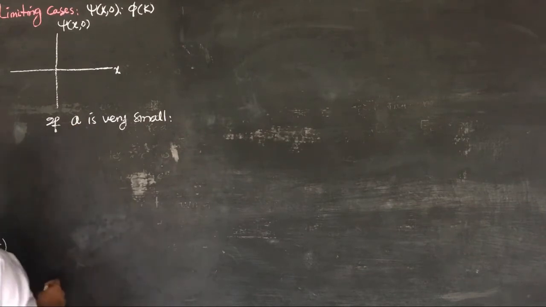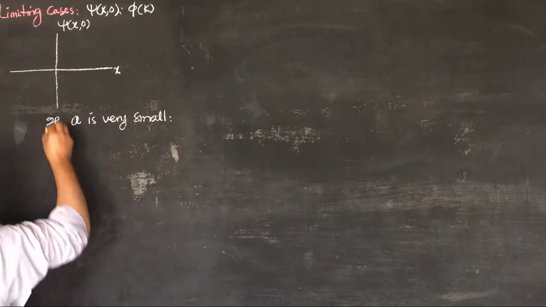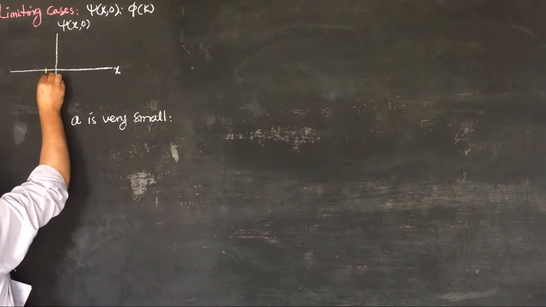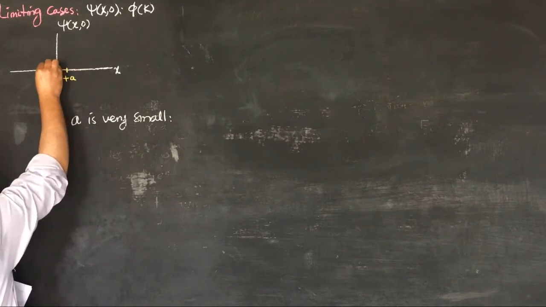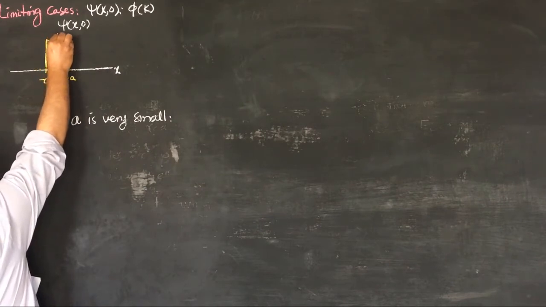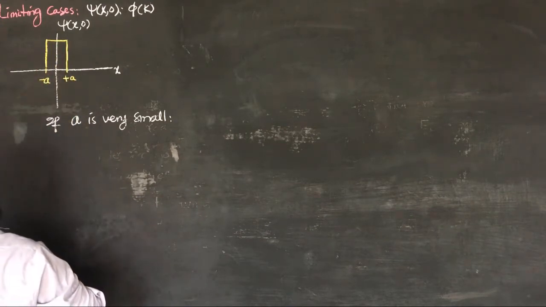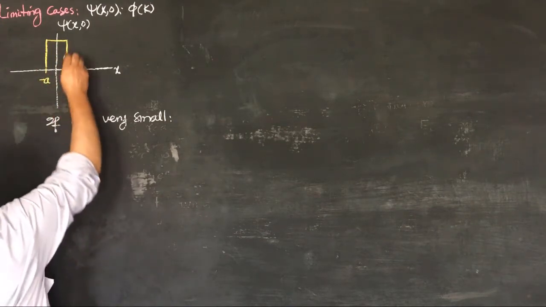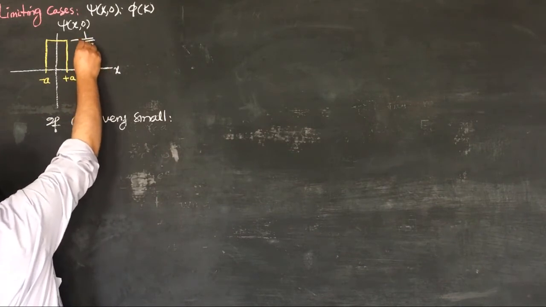So for a very small space, I can now plot this one, that let's say this is minus a and this value is plus a. So my wave function is limited in a very small range, and I will say that it is very sharply peaked like this, and this top value is actually 1 over 2a.